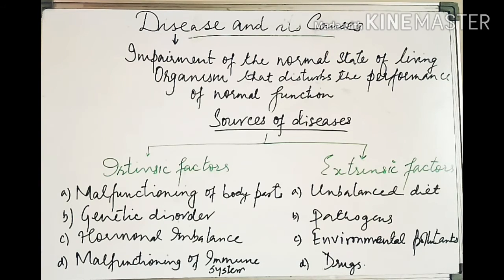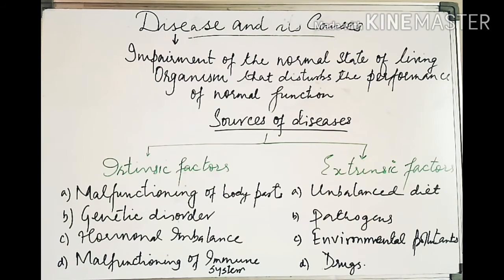Similarly, if there is inadequate diet, certain people take some proteins in very little amount. Because of that, they suffer from different diseases. Similarly, pathogens. Pathogens are the microorganisms that cause diseases and they enter our body. So we will have certain diseases that are because of pathogens.